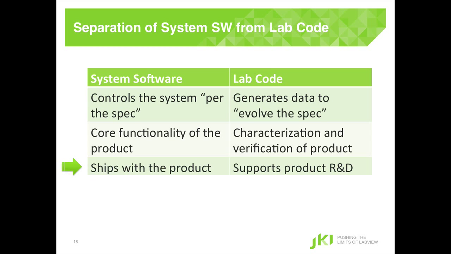The system software ships with the product, whereas lab code supports product R&D, and it might feed forward into the shipping product, if the experimental stuff turns out that it works. The way that you do that is really to treat the system software as essentially a separate software product, a separate package, and expose an API that allows lab code to call into it.